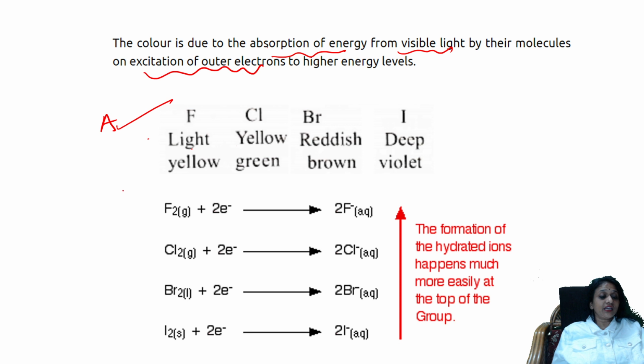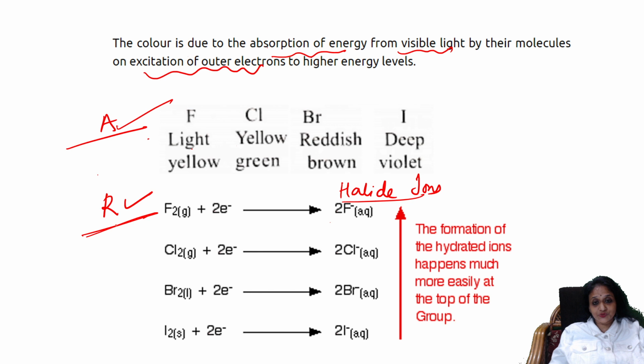Then they said halogens readily accept electrons. The reason is also right. They accept electrons and form halide ions: fluoride ion, chloride, bromide ion. Both are right, but one is talking about the color property and the other about halides. Both are different concepts. Clear?